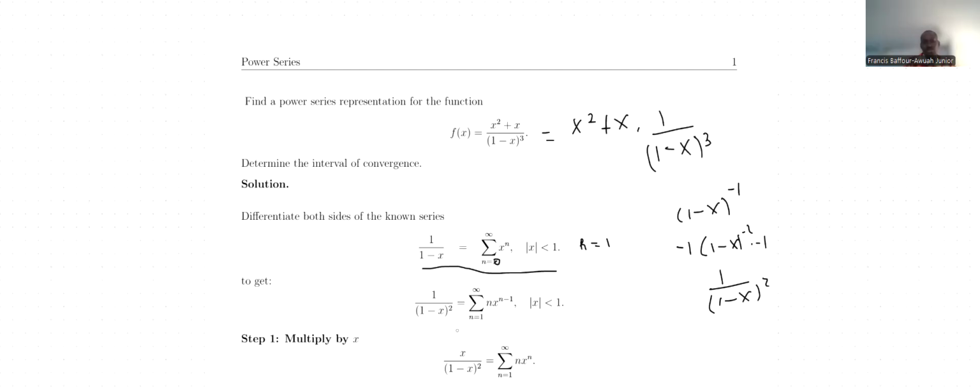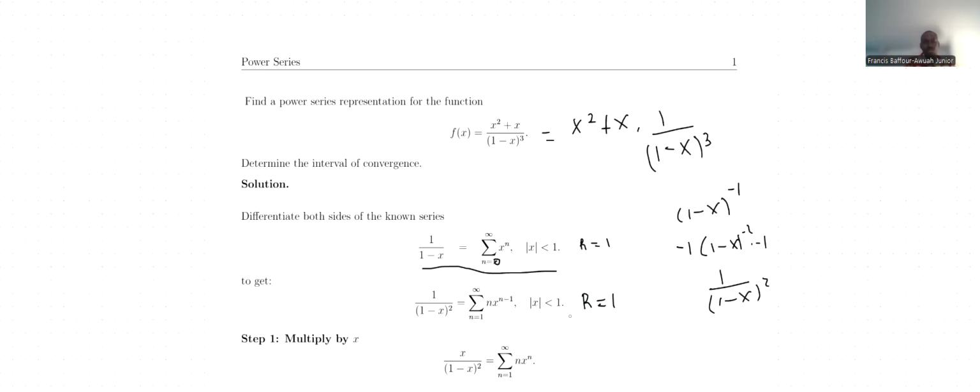When we differentiate x to the n, that's n x to the n minus 1, and it would have the same interval and also radius of convergence. Recall that once we differentiate, the radius of convergence doesn't change. In fact, in this specific case, the interval of convergence doesn't change either. If we test the endpoints, you realize that both of them would indeed diverge.